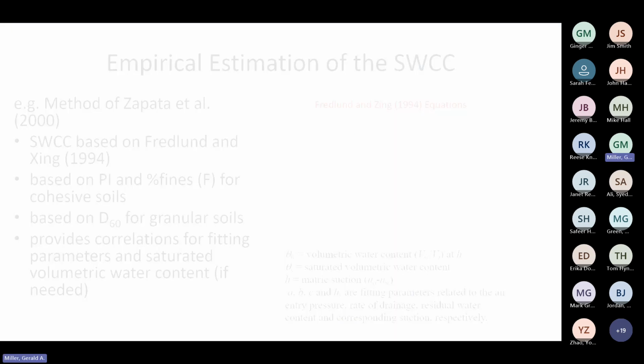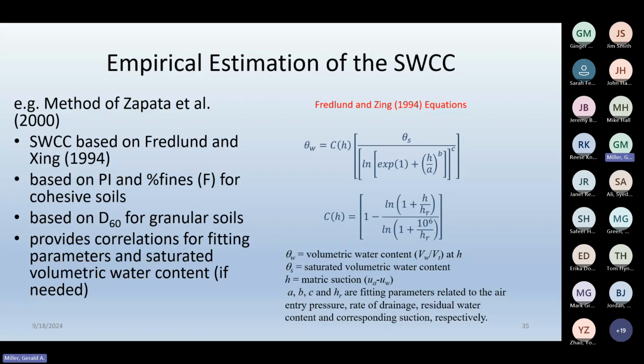Okay, another way that you can estimate the soil water characteristic curve is to use an empirical approach. And I have come to really depend on this method of Zapata et al. Because it works pretty good. I've done a lot of comparisons with this soil water characteristic curve, empirically determined against actual measurements, and generally it's pretty good.